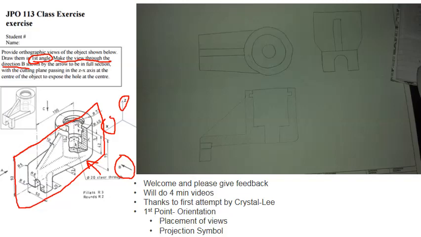So the fact that you have to use first angle projection, and you have to also apply your sectioning techniques on this, here's how this whole thing would have worked out.